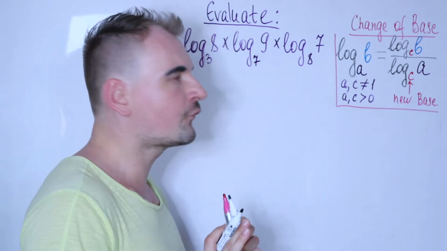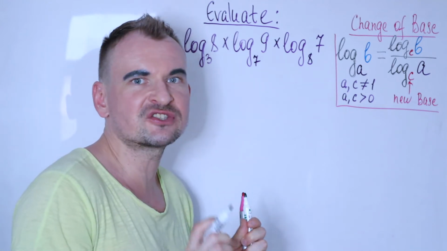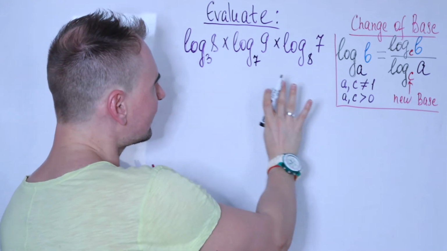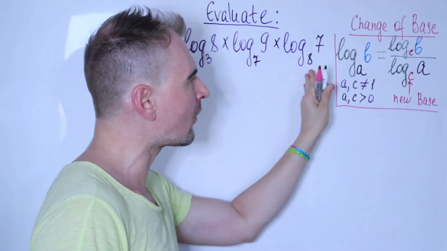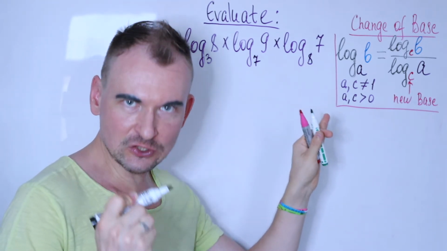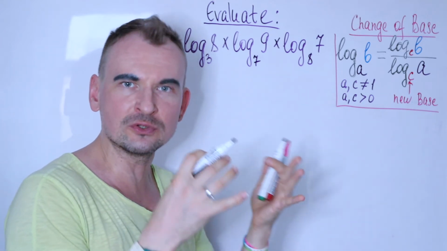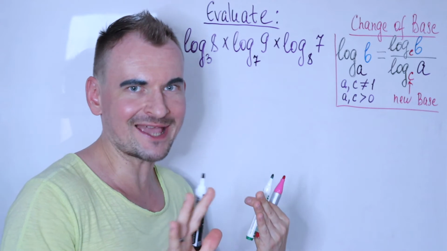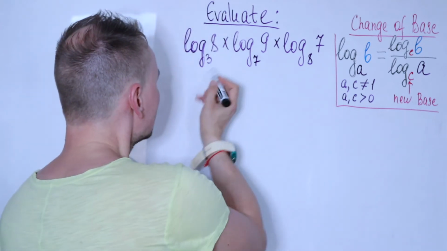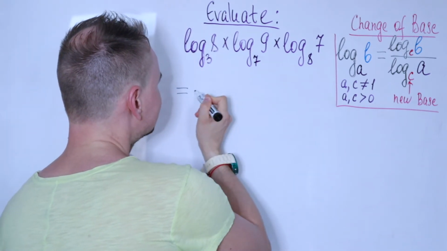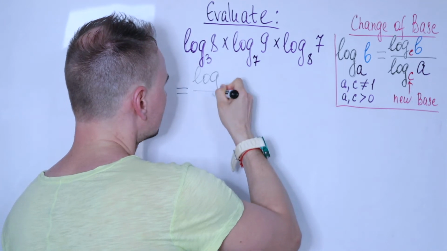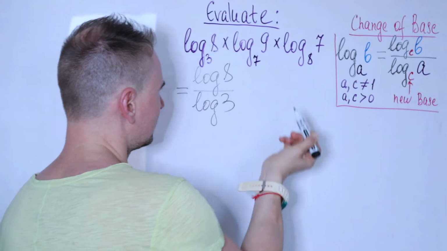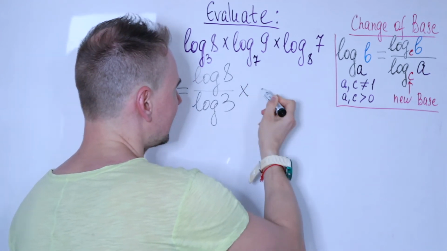I would go for the common log, since you don't need to write any base. That's my point. And I'm going to rewrite all these three logs with the new base 10. So I'm going to drop it off, since for the common log we don't write any base, so the default is 10. For the first one, I would simply get log 8 on top and log 3 on bottom, and they get multiplied.